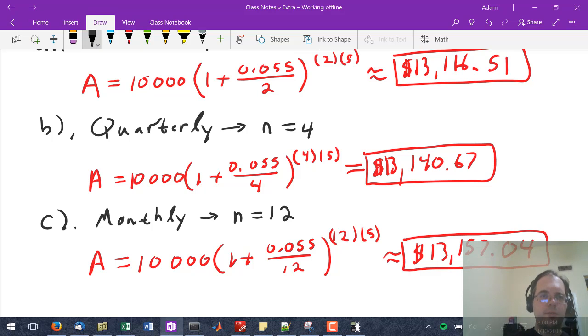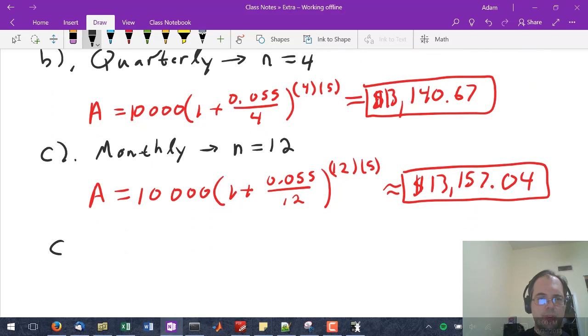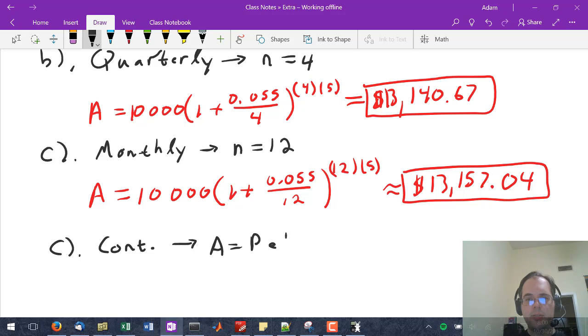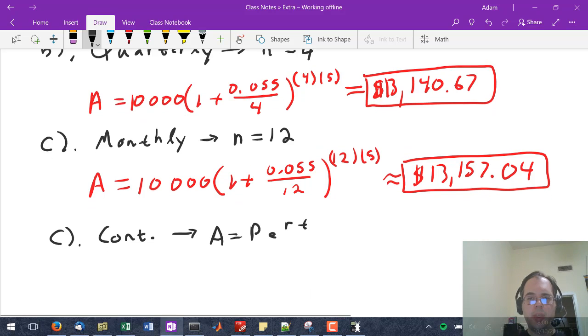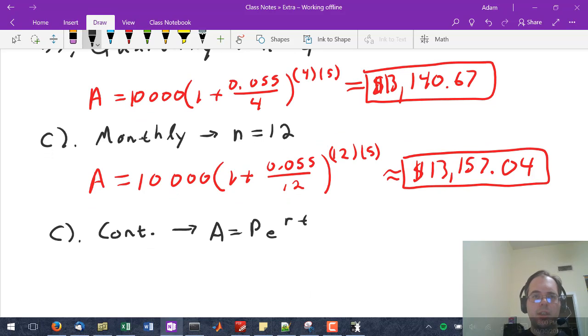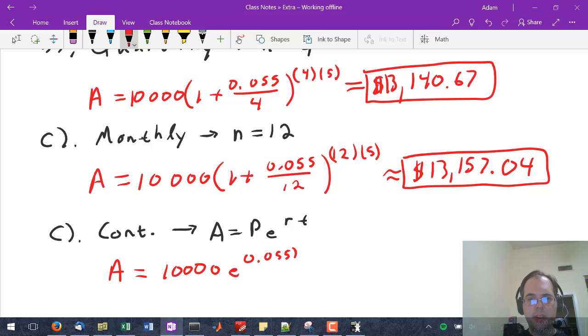Okay, and now the last situation is continuous compounding. For this one we don't have n. We have the different formula A equals P e to the rt. I'll still use the same numbers; I just have to use them in this formula. That'll be 10,000 e to the r, which is 0.055, times the time, which is 5 years.